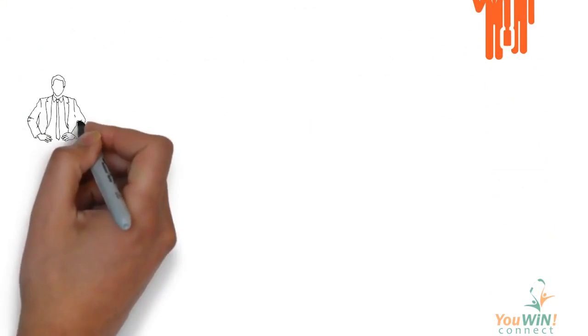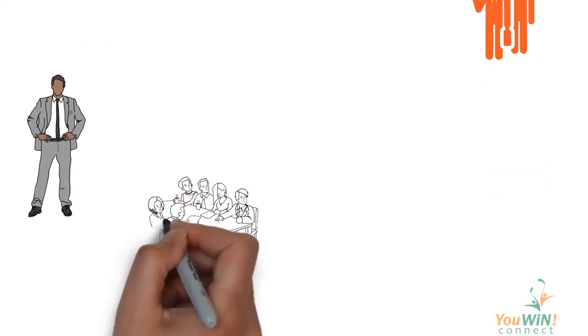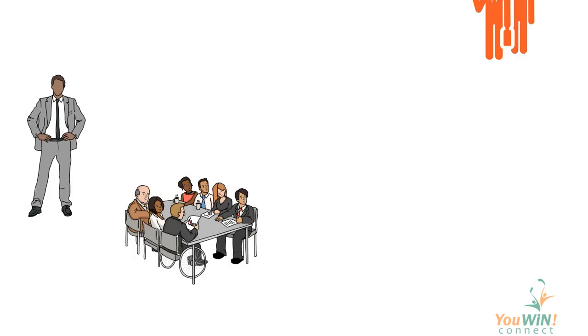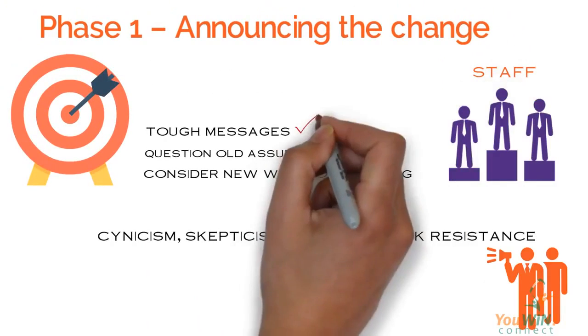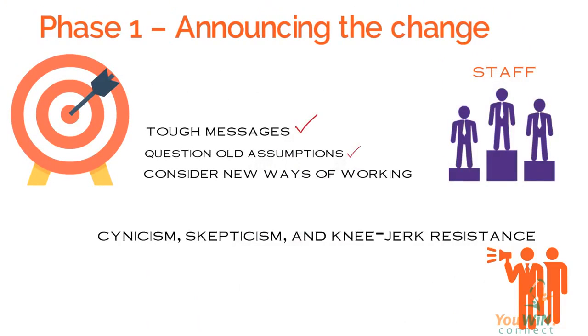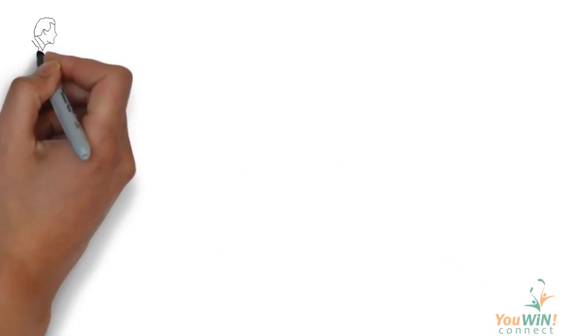It is even harder for managers if the organization or department has had a succession of leaders or seen several failures of change plans in the past. It is critical that the change leader must be able to ensure that the staff will actually listen to the tough message, think and question their old assumptions, and be willing to consider new ways of thinking and working.